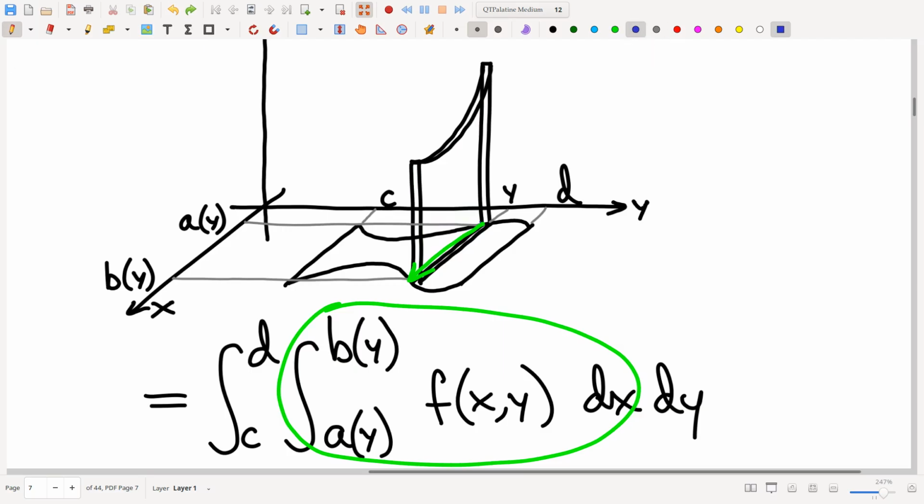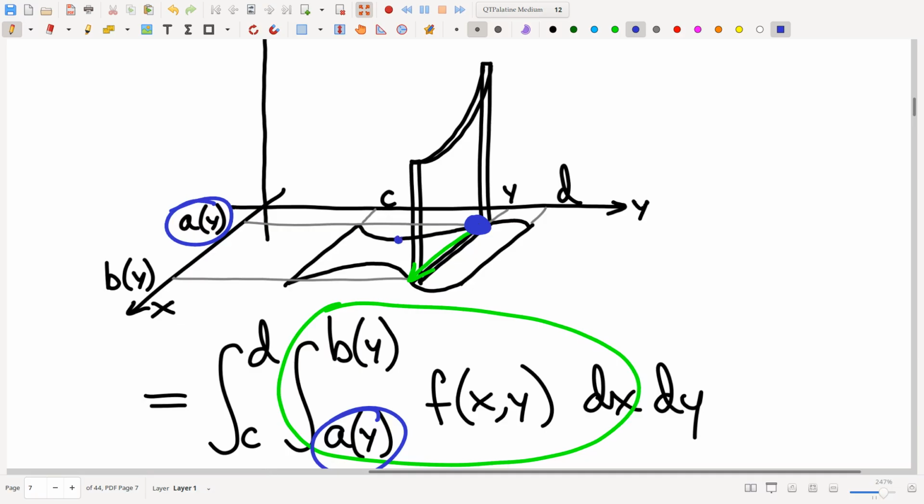The integral is going to start at that point, which has an x coordinate, which is our lower bound. That's all just like previously. The only thing that's different is that where that point is and what that x coordinate is depends on y. And you can just see that happen.